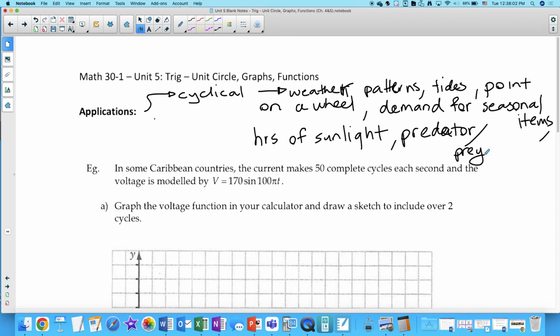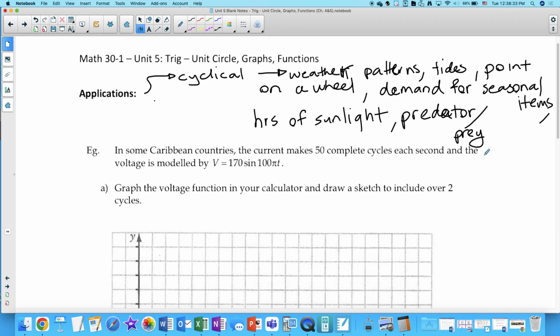Rabbit population goes down, coyote population goes up because there's so much food around. Now at a certain point, there's not enough rabbits for all those new coyotes because there's not enough food, so the predator population goes down. Now there's less coyotes, and the rabbits start to multiply. So it's almost like you have a sine function and then a cosine function that follows. So that's a really cool one, actually.